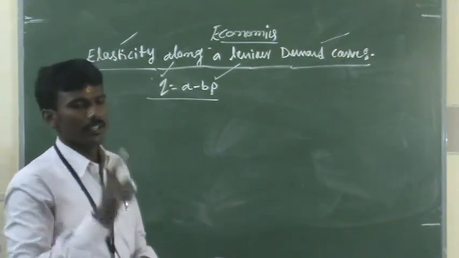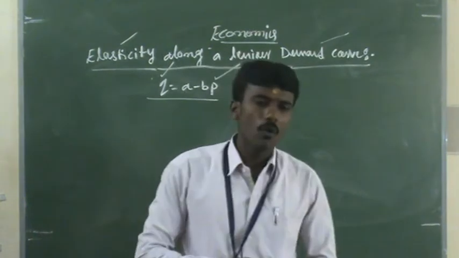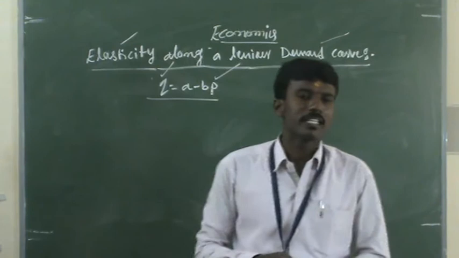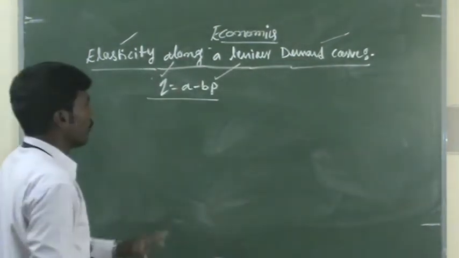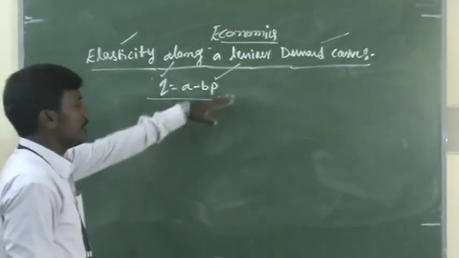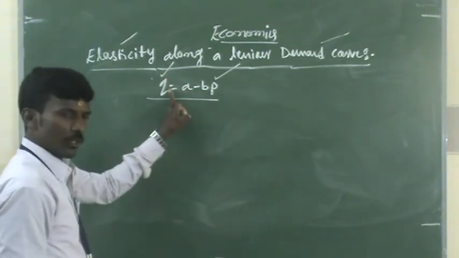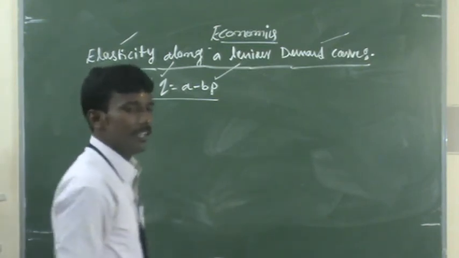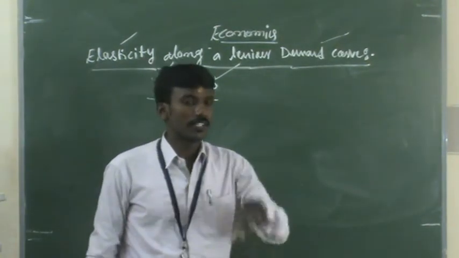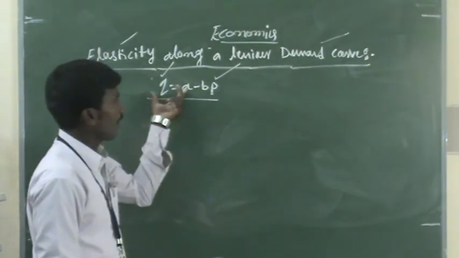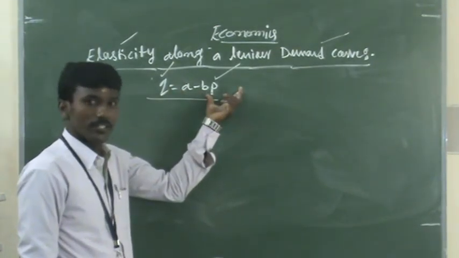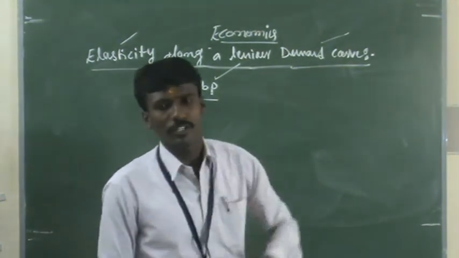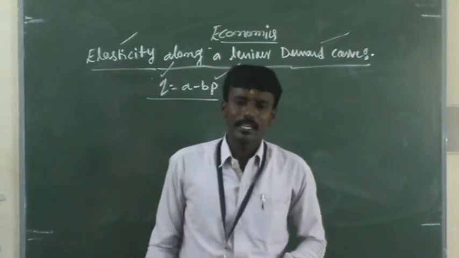Once again I repeat: Q stands for quantity, P stands for price, and A and minus B stand for the constants.